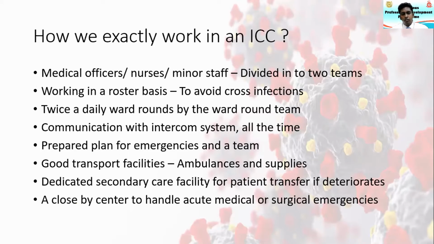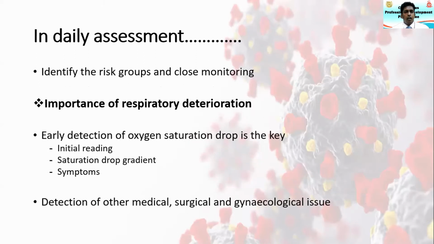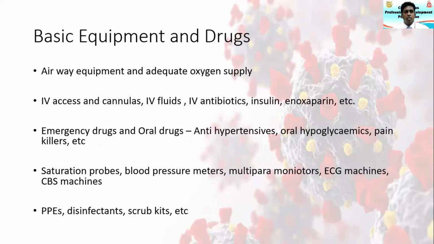We have a prepared plan for emergencies and good transport facilities, especially ambulances and supplies, and dedicated secondary care facilities for transferring patients if they deteriorate, and a close center to handle acute medical and surgical emergencies. In daily assessment, our main target is to detect debilitated patients, as well as, importantly, to detect respiratory deterioration.